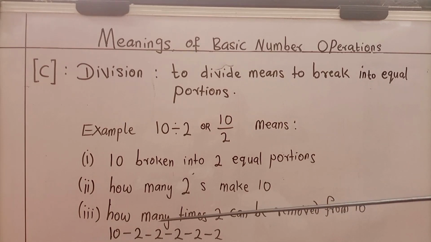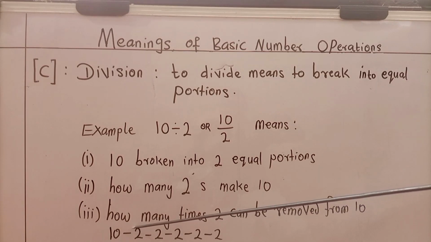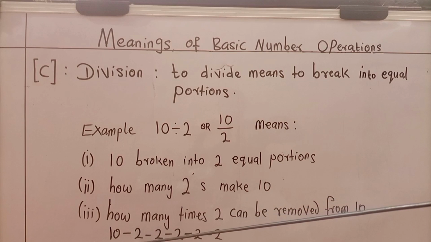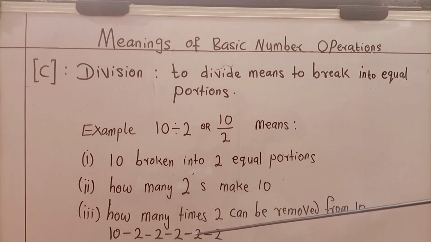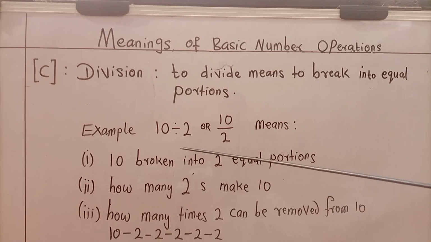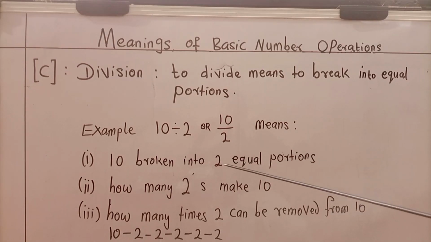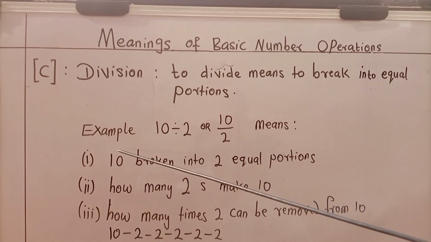Now in the end, how many times did we remove these 2 from 10 before 10 got exhausted? How many times? 1, 2, 3, 4, 5. Therefore, when this is interpreted, the answer is 5. This also gave us 5. And now, this also has given us 5. What it means is that these three meanings are valid.